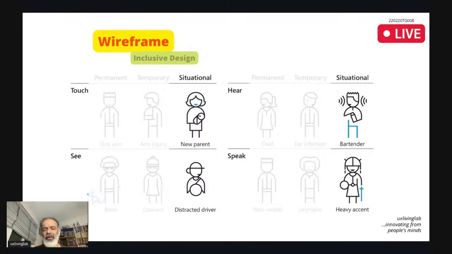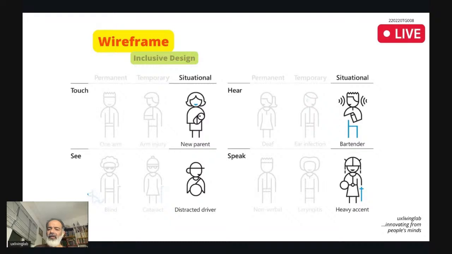What about situational disability? That's really interesting. Because of the environment, the user is disabled. For example, a new parent, a mom carrying a kid, is disabled at that moment. A driver is disabled while he's driving.